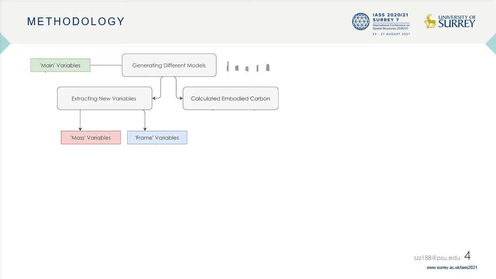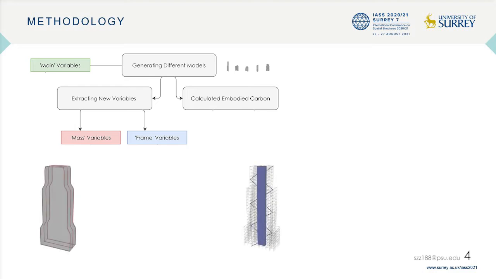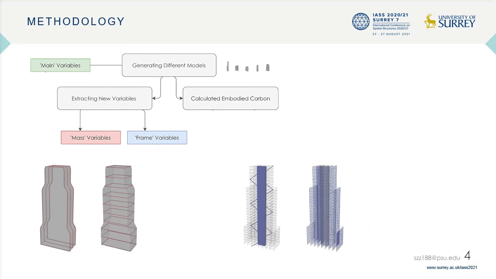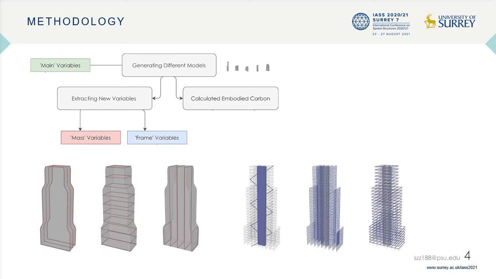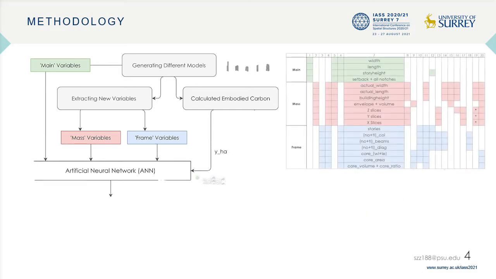We had main variables from the previous step, and we categorized the new ones based on mass and frame inputs. Here you can see part of the mass variables, like slicing 3D geometries in 3 different axes. And as shown in blue color, we have some frame inputs related to a structural form. Then we took 20 different combinations of these variables and trained neural networks to predict embodied carbon.